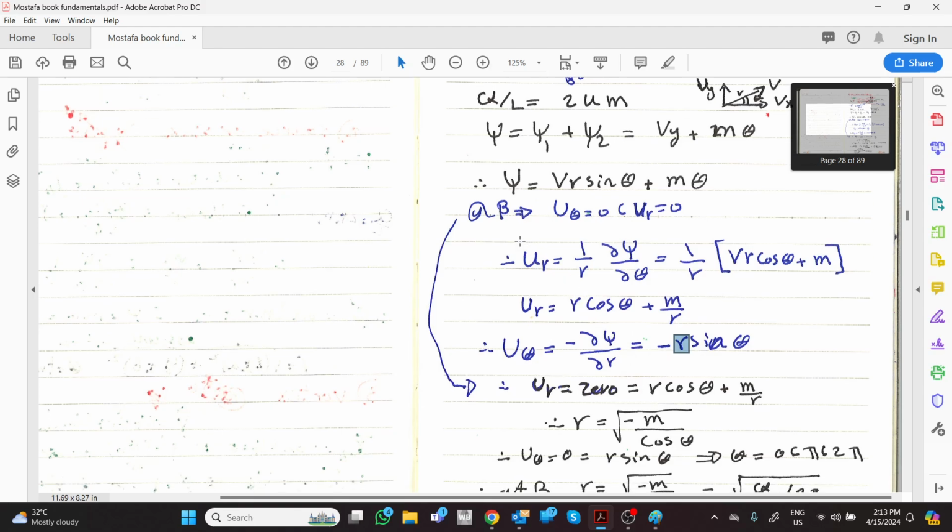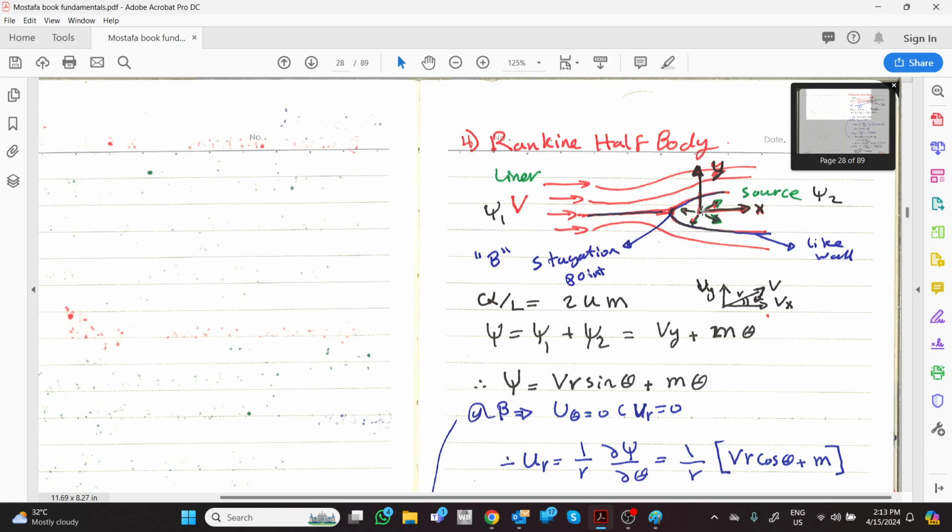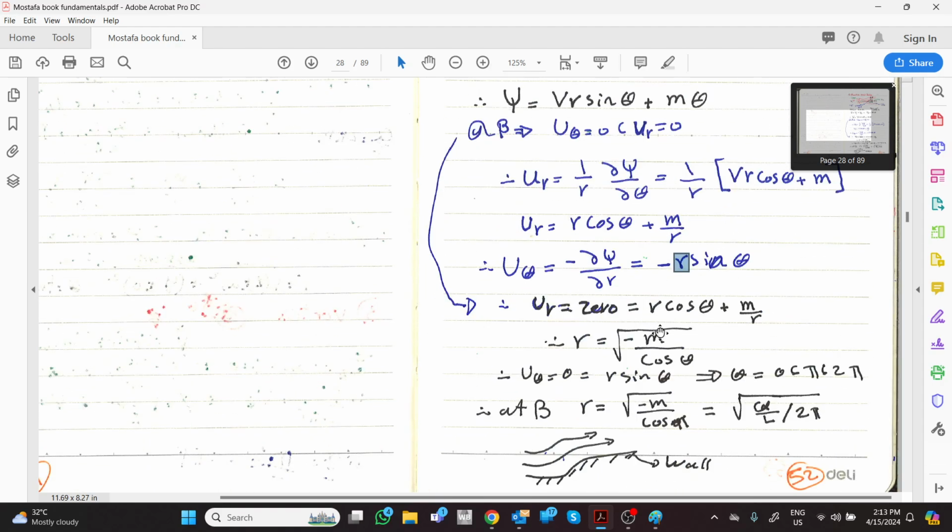So based on this, apply the boundary conditions. So u r equals 0 when r equals minus m over v cosine theta, and r is the distance from this point to this point. And u theta also, when you put u theta equal to v sine theta equal to 0, it is only in case of theta equal to 0, pi or 2 pi. So that's it.